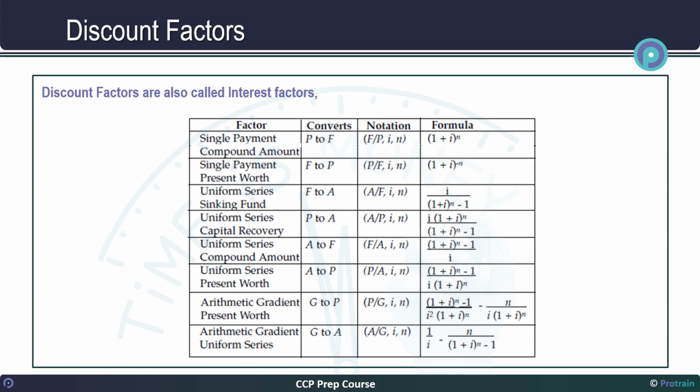There are 3 other columns in the table, namely converts, notation and formula. In the upcoming slides we will discuss each factor in detail. We shall also understand what we mean by converts, notation and formula of each factor.